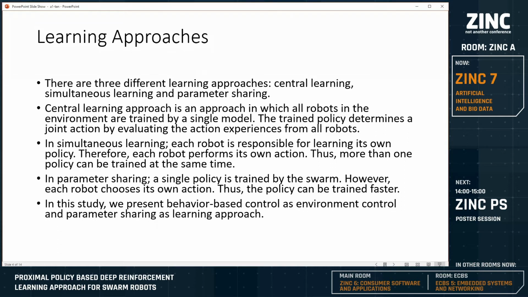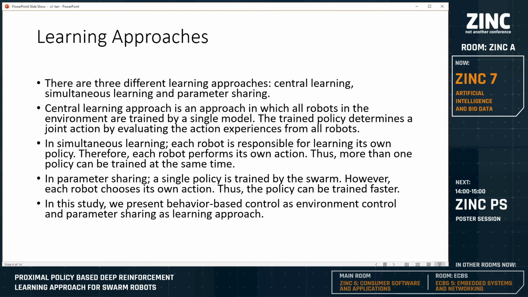In simultaneous learning, each robot is responsible for learning its own policy. Therefore, each robot performs its own action. Thus, more than one policy can be trained at the same time.